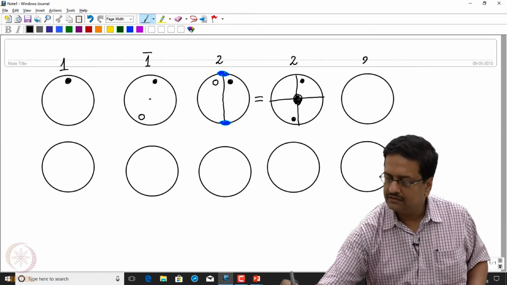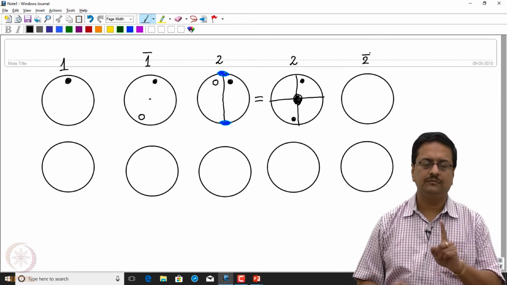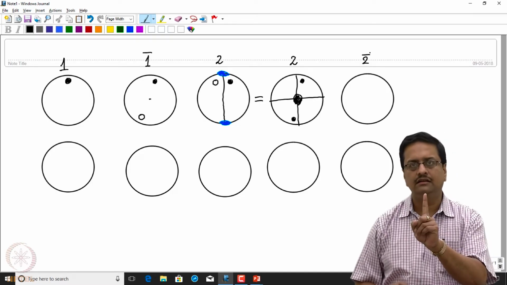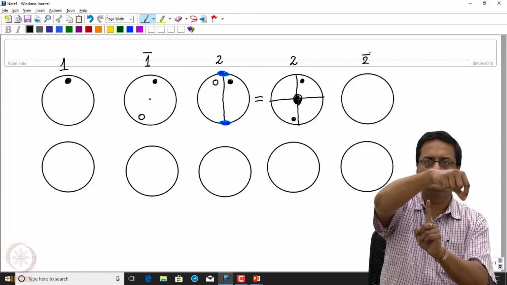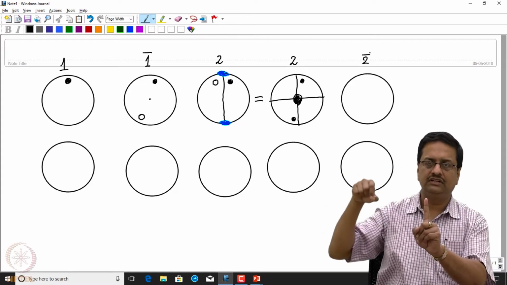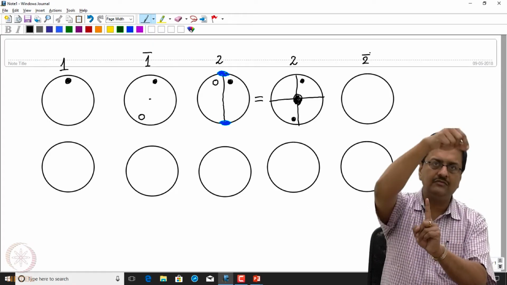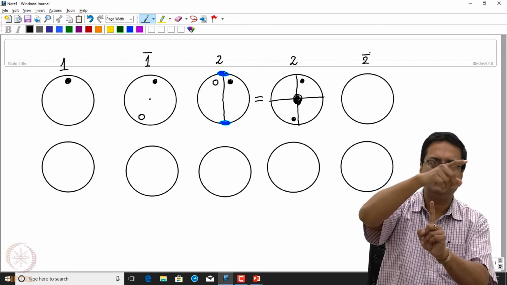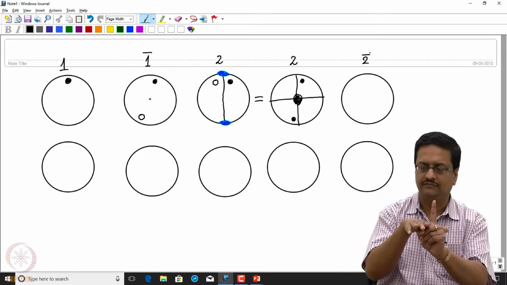What is 2 bar? A 2 bar operation means you have a twofold axis and an inversion center. So you start from one point here, do a twofold rotation, followed by inversion, which takes it exactly below the original point. Anything coming exactly below is equivalent to a mirror operation.